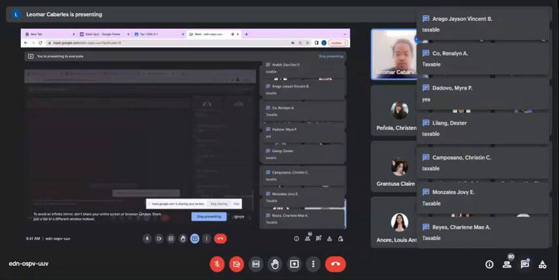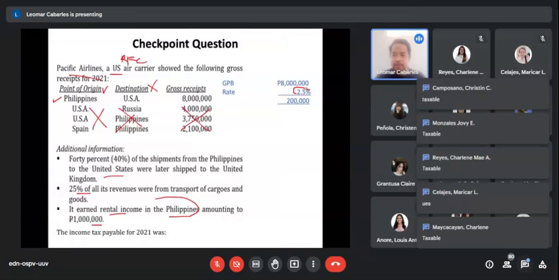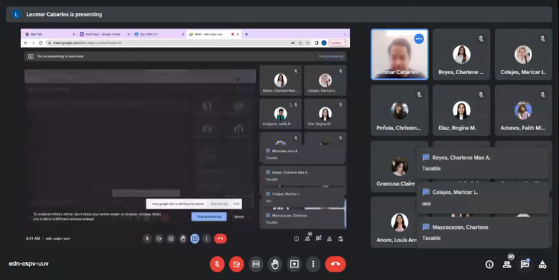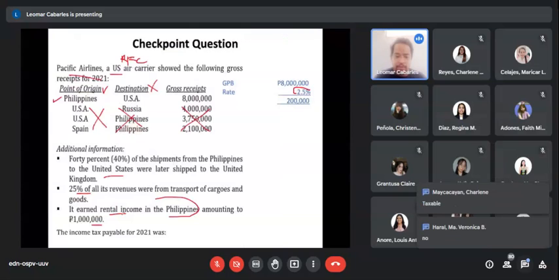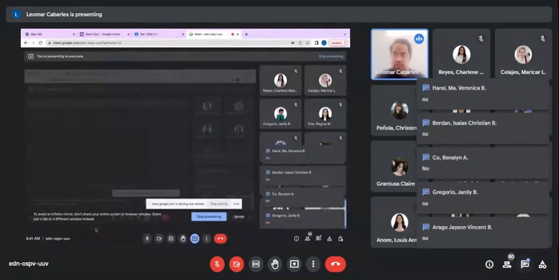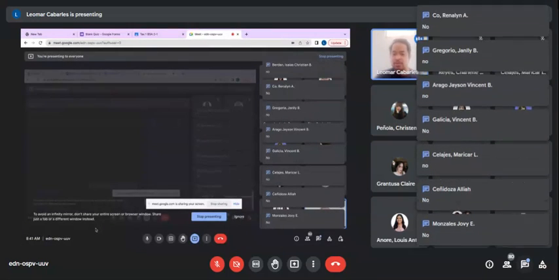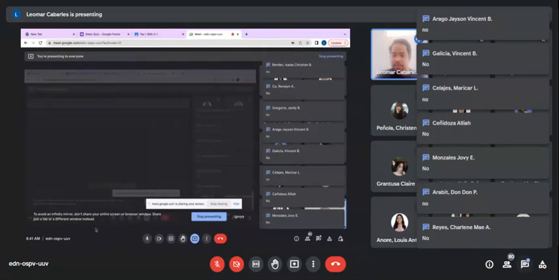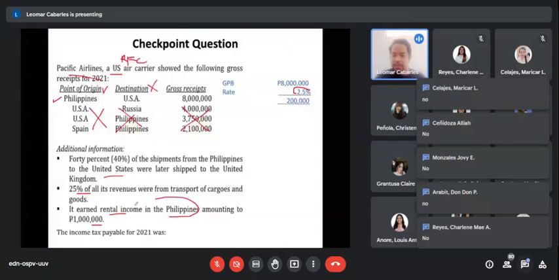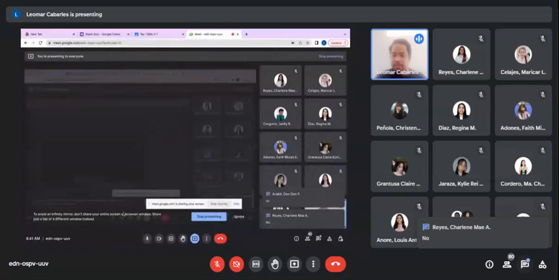But will you apply the 2.5% rate to 1 million? Tandaan, 2.5% for gross billings. Hindi naman billings itong rental income. So what would apply na tax to the 1 million?